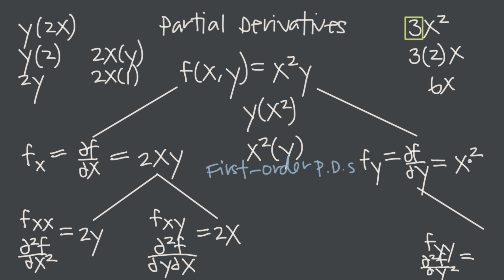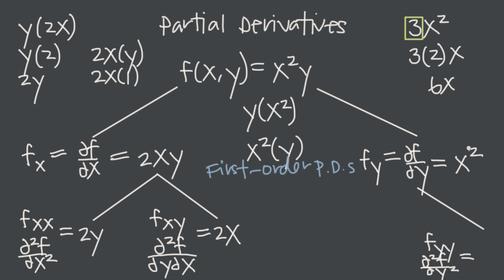So let's pretend again that x is a constant like 3. So I would get 3 squared, or 9. So the partial derivative here would be 9, and now I'm saying, okay, what's the partial derivative of 9 with respect to y? Well, remember from single variable functions, the derivative of a constant is always 0. So the derivative of that will be 0.